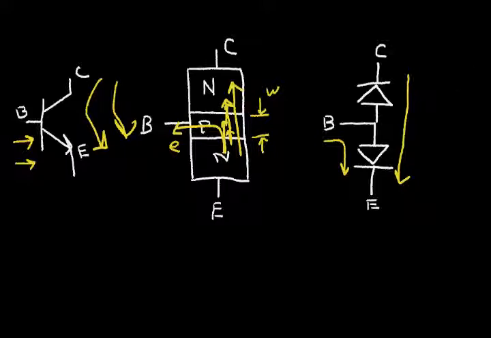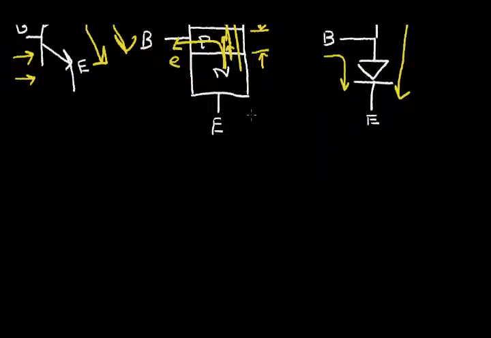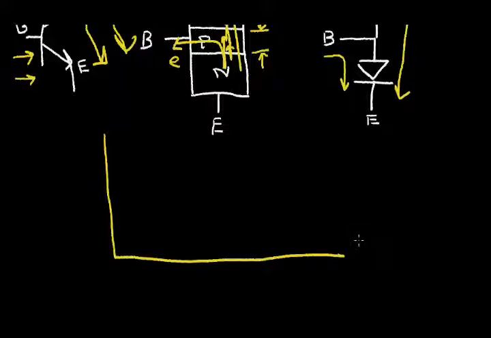So if I plot the current versus voltage characteristics for this transistor, this axis will be voltage collector to emitter. This axis will be current in the collector.